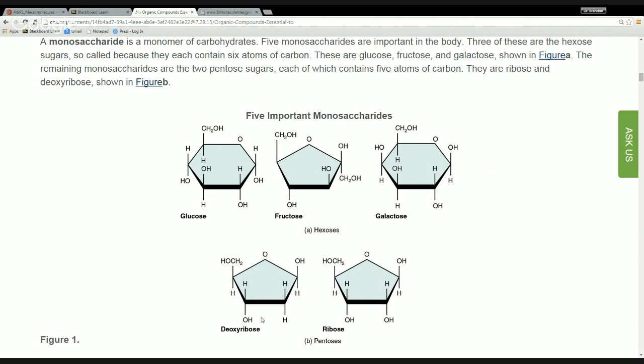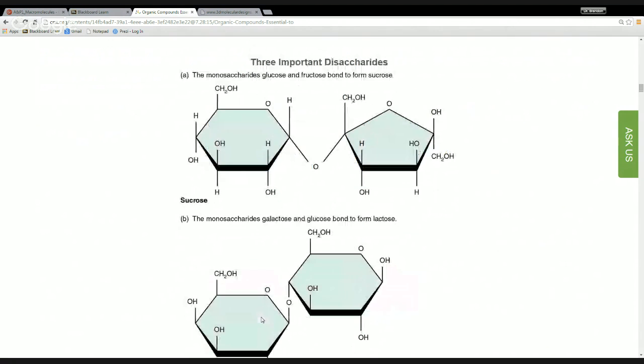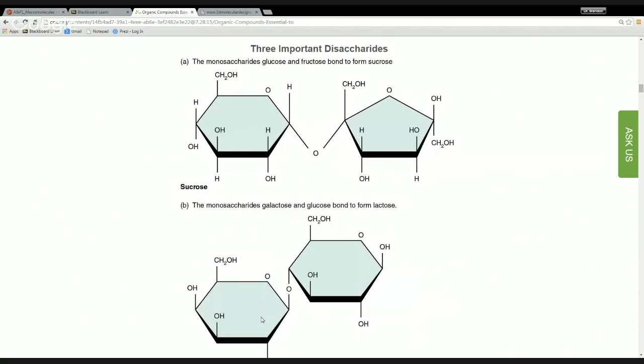At the bottom, those 2 5-carbon monosaccharides would therefore be 5 carbons, 10 hydrogens, and 5 oxygens. So it's just that ratio you're going to see over and over again. The ratio changes as you get into bigger and bigger carbohydrates, but it's based on that. For example, these are the 3 most common disaccharides, which is 2 simple sugars bound together.